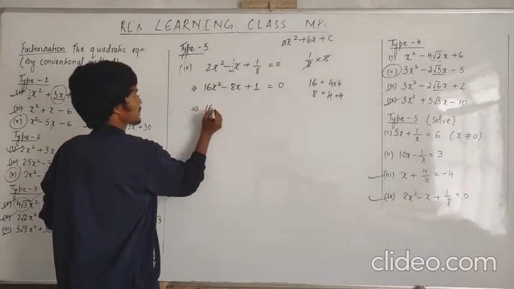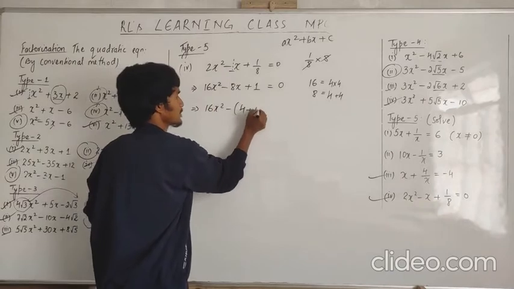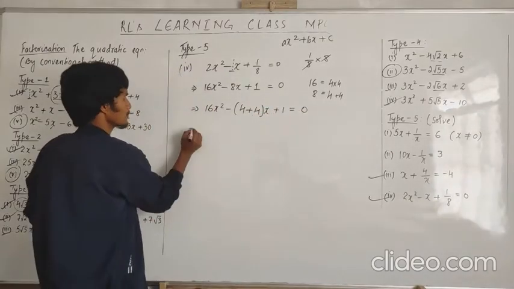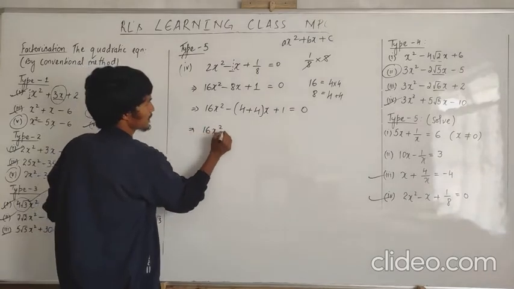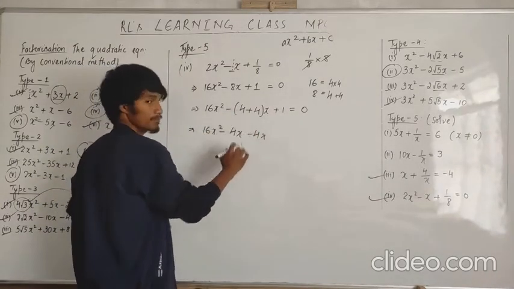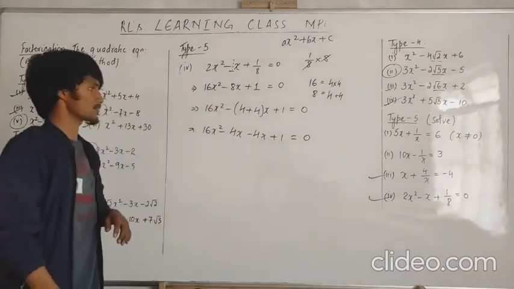Then 16x squared as it is, and in place of this we can write 4x plus 4x, then plus 1 equal to 0. Then 16x squared minus 4x minus 4x, minus plus minus will be minus, and here will be plus 1 equal to 0.